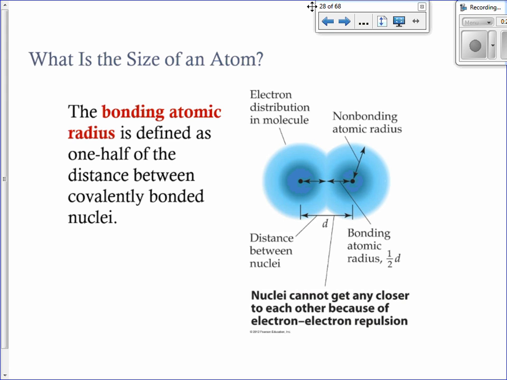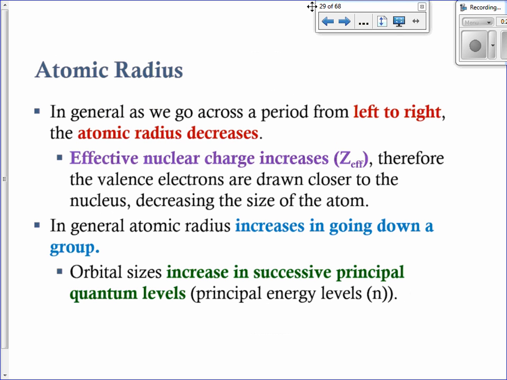Now atomic radius, as we go from left to right, it's going to decrease because the effective nuclear charge increases. Adding more protons pulls them in closer.